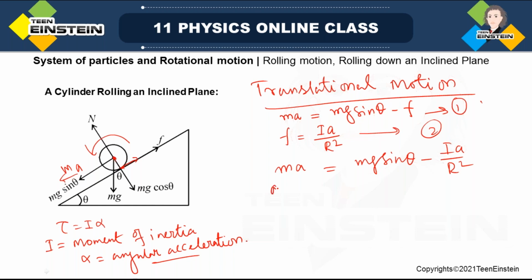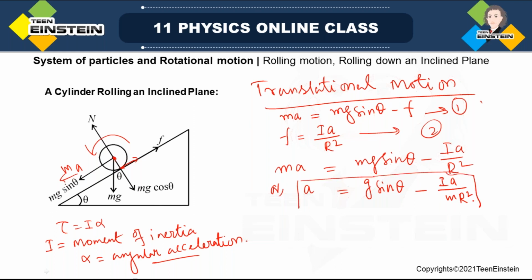Now, m will go away, so a is equal to g sine theta minus I into a by m into r square.